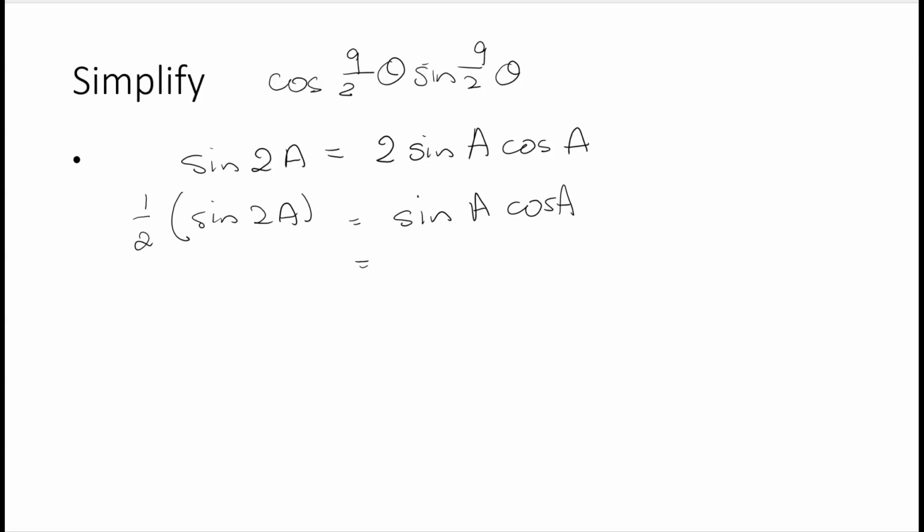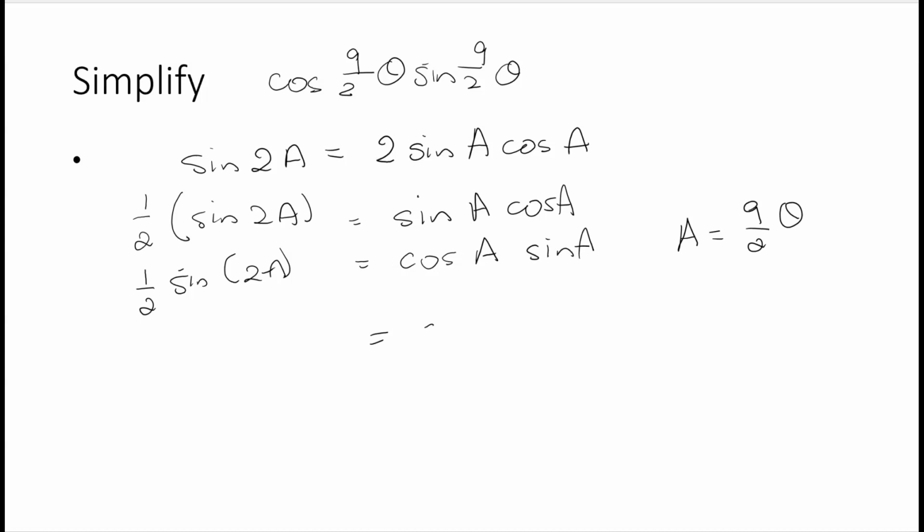Okay, what if we reorder this so that it matches? And on the left hand side we've still got a half sine 2A. Right, make the comparison. Let A equal 9 over 2 theta. So our right hand side then becomes cos 9 over 2 theta sine 9 over 2 theta.